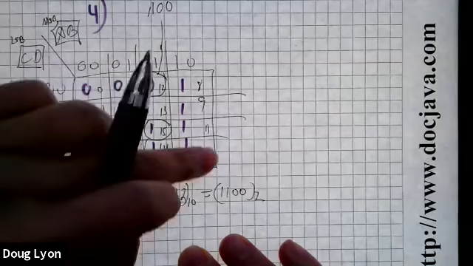What is that indicative of? This is the truth table. Oh, that's just the truth table on the outside.